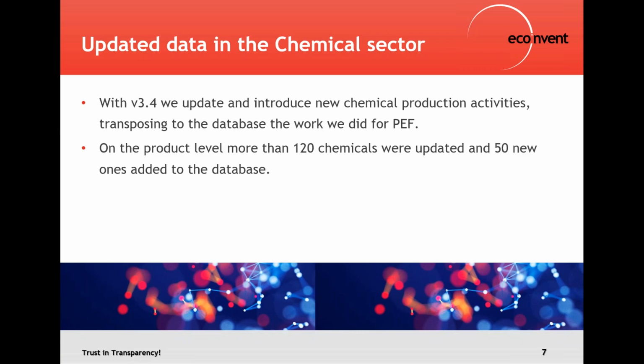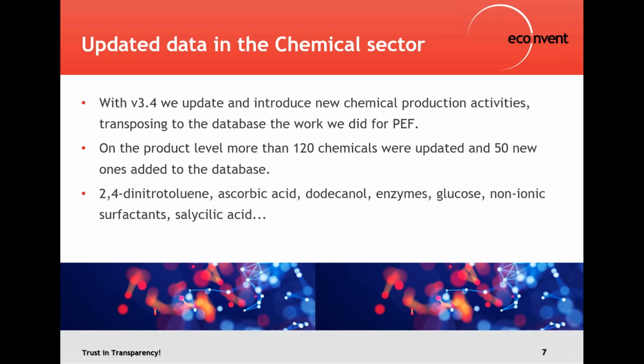So that means that we have added around 50 new chemical products and updated around 120 products already existing in the database. I just listed here a few that are sometimes asked about by our users, like enzymes or glucose or salicylic acid, but there are more, up to 50 new.